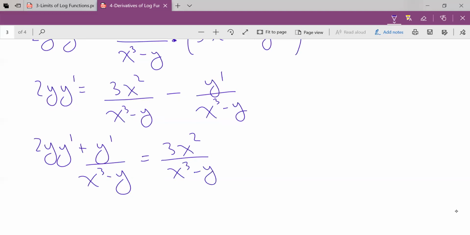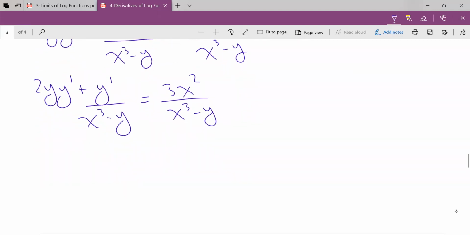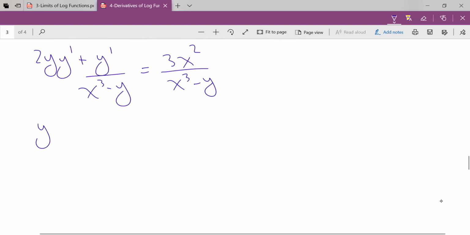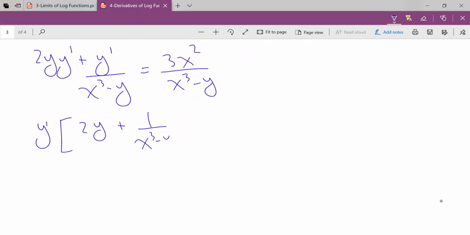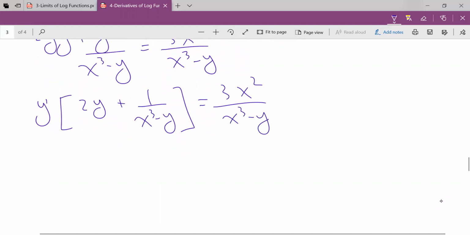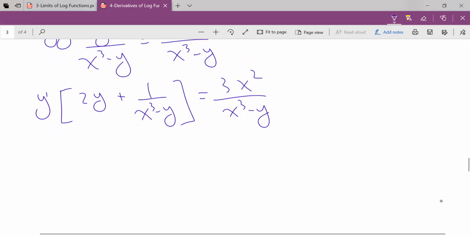And now we factor out that y prime. 2y plus 1 over x cubed minus y is equal to 3x squared over x cubed minus y. Now to isolate for y prime, we are going to have to divide everything by everything that's in our brackets there.